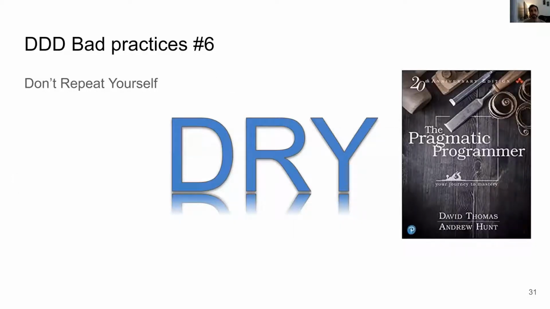The sixth bad practice is DRY. In this wonderful book, The Pragmatic Programmer, written by David Thomas and Andrew Hunt, for the first time we use the term DRY, don't repeat yourself. We use this term a lot when we meet software crafters, and it simply means that you should not have, for example, duplicated code.